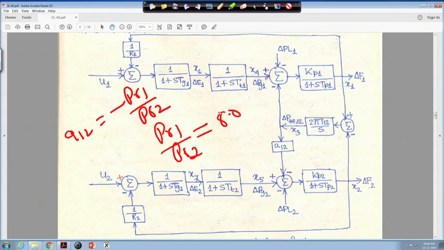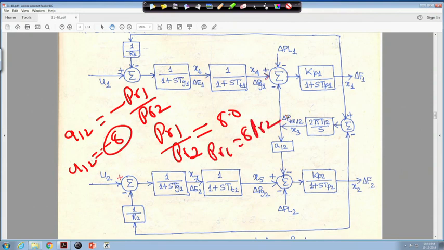That means my A12 is equal to minus 8. That means PR1 is equal to 8 times PR2. That means if PR2 is 100 megawatt, then PR1 will be 800 megawatt. So, if you go on increasing this ratio, suppose 1, 2 like this, what will we observe?